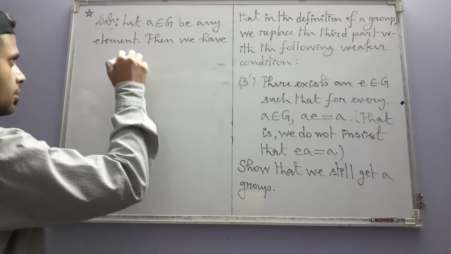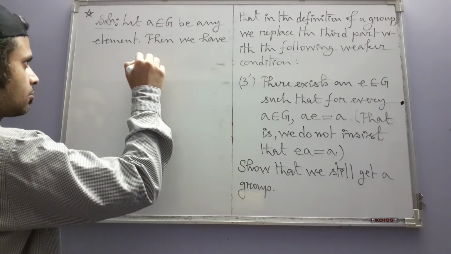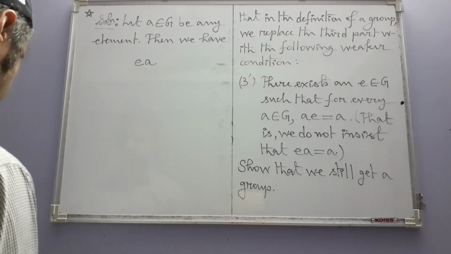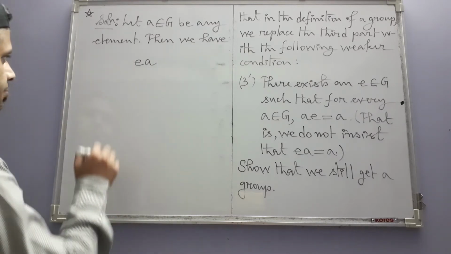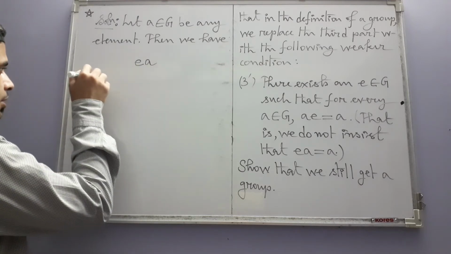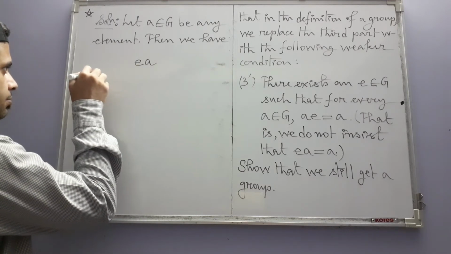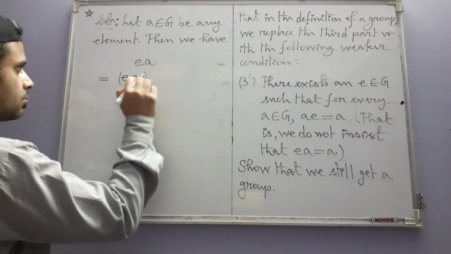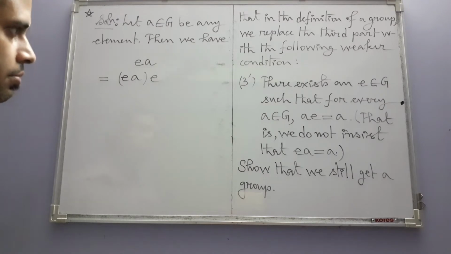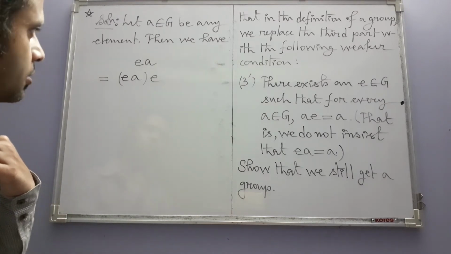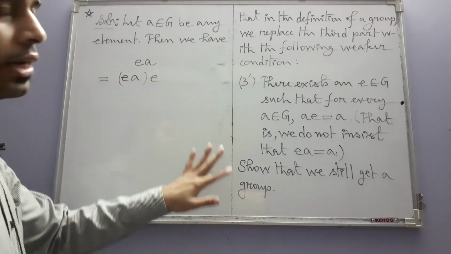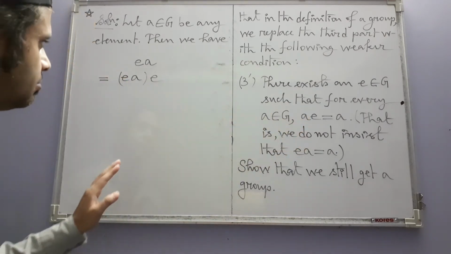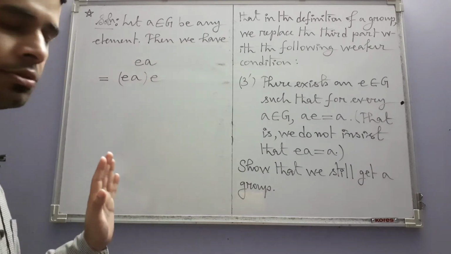So let us start a series of equations which go like this: EA is equal to EAE. Why? Because E acts as a right identity. In place of A we can have EA, so EAE will be equal to EA.